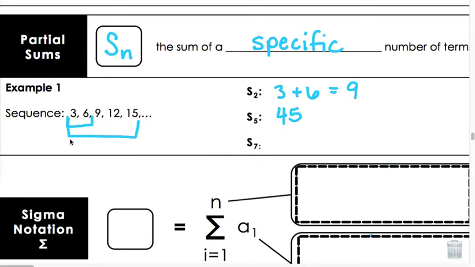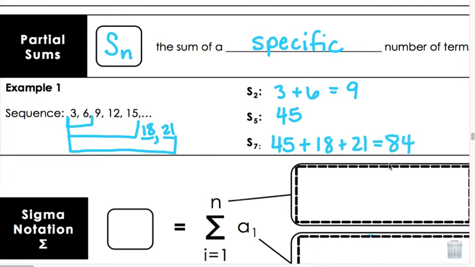If I'm looking at S sub 7, I'm looking at the first 5 and 2 more. We know the first 5 is 45, and then we add 3 to 15 to get term 6, which is 18, and the next term is 21. We add those to get S sub 7, which is a total of 84.